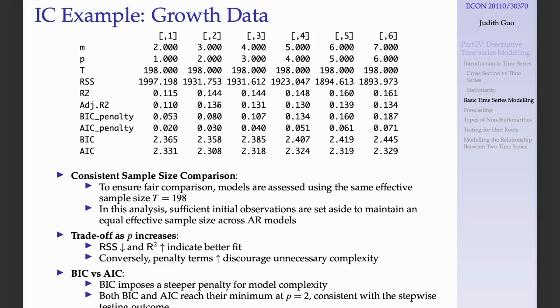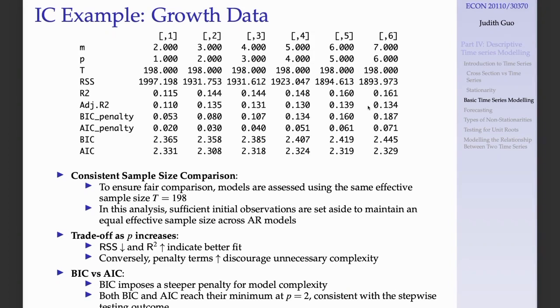It increases to 0.135 when we have an AR2. But then it decreases again for 3 and 4, and then for AR5, it goes up. So the adjusted R square basically balances the bias and variance trade-off.